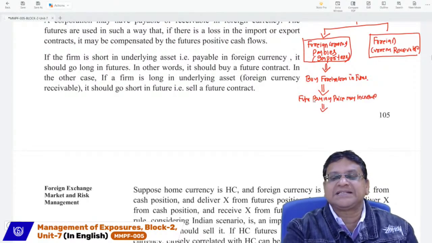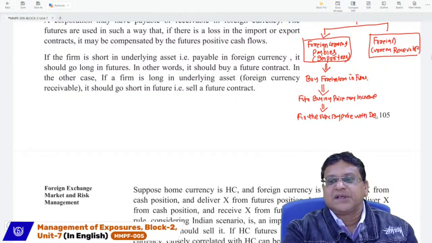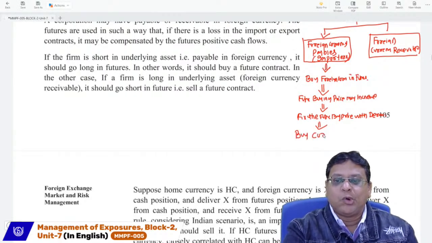He wants to fix the future buying price with derivatives. So what he will do? He will buy currency futures.